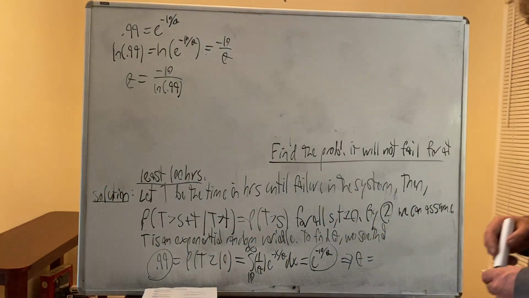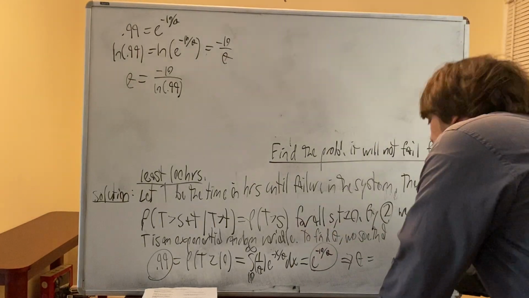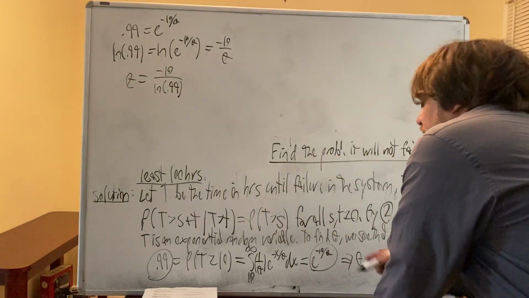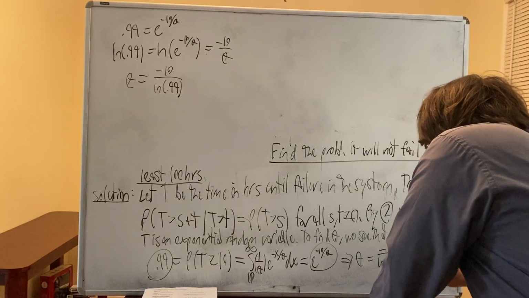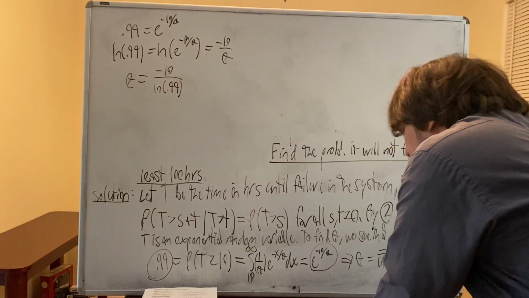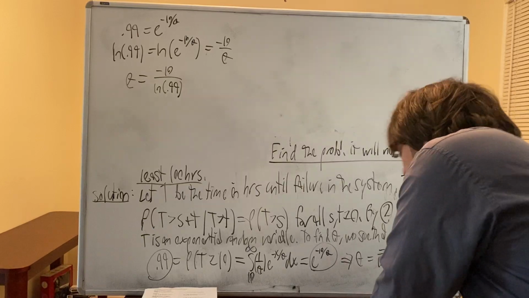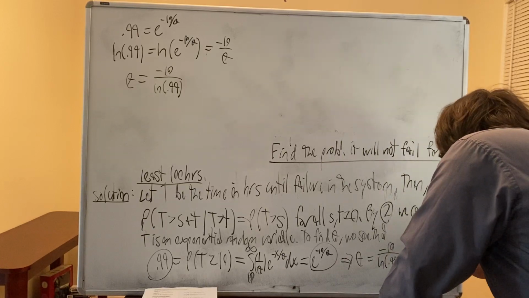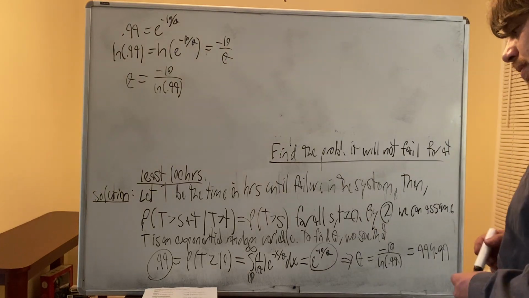That's just using algebra. So theta here is equal to negative 10 over ln of 0.99, and that's equal to 994.99. So theta is equal to 994.99.